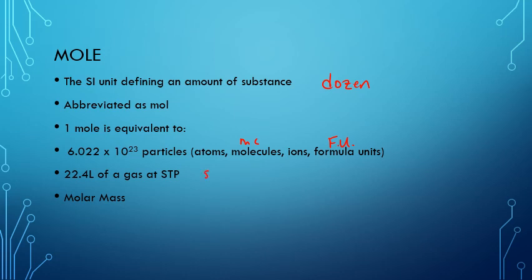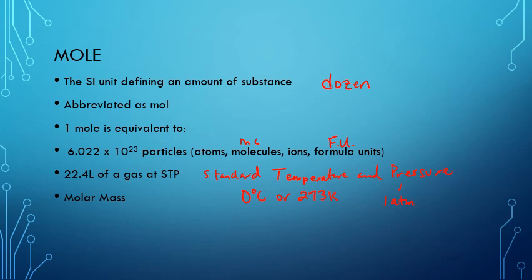Now that STP, the S stands for standard, the T is temperature, and the P is pressure. Those have specific values. Standard temperature is going to be 0 degrees Celsius or 273 on the Kelvin scale, and the pressure is going to be 1 atmosphere or any of its equivalents. 760 millimeters of mercury, 101.325 kilopascals.